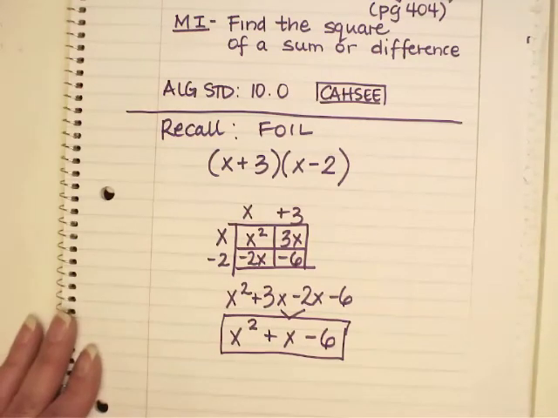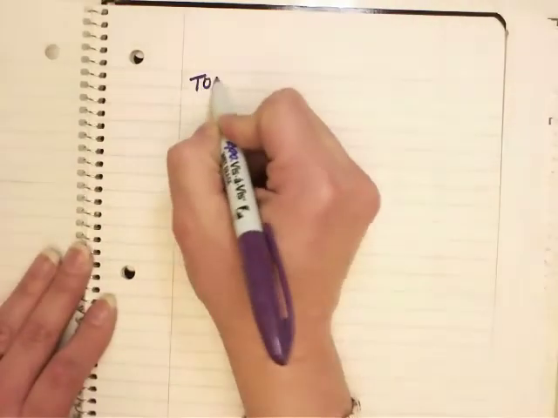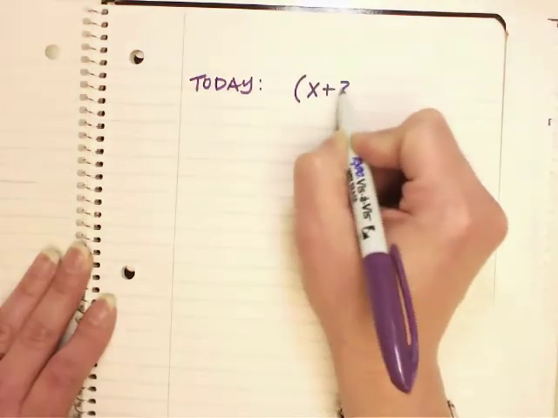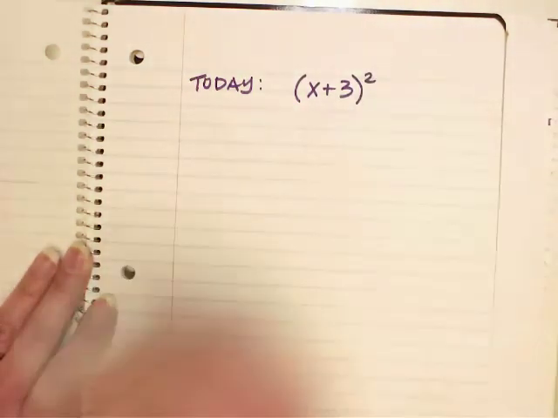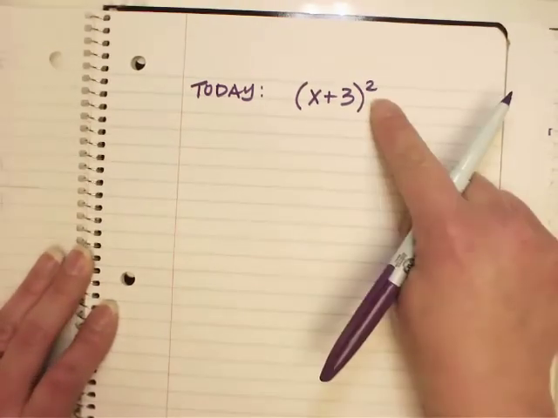So what if we took this, and today what we're going to be focusing on is the square of a binomial. If I took this information and asked, would you be able to use what you've learned and figure out what the quantity x plus 3 squared is? Now think back, what does that square really mean?